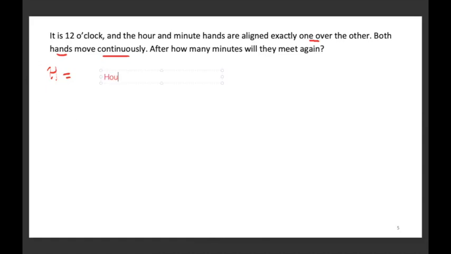So the hour hand will move 5 ticks per 60 minutes, 5 by 60 ticks per minute, basically.